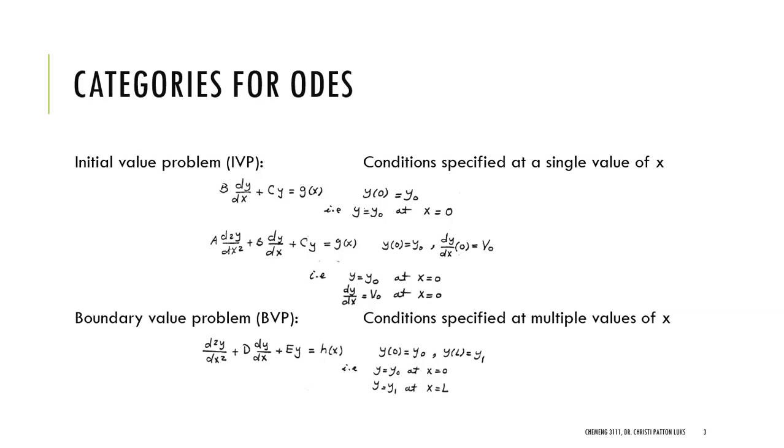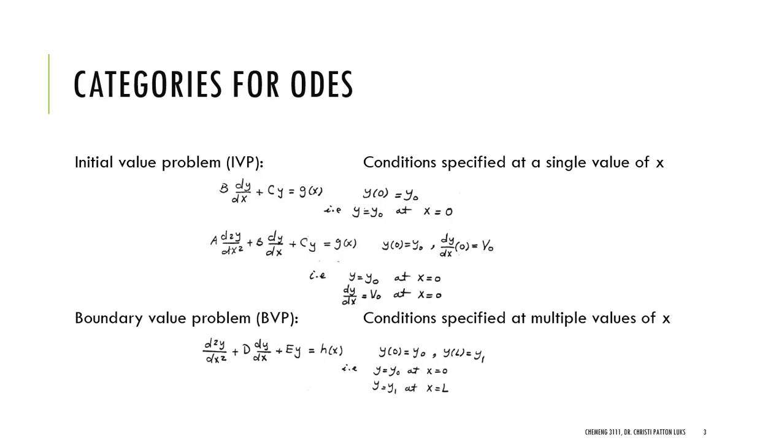For a first order ordinary differential equation, it's always an initial value problem because you're only specifying one value. For a higher order differential equation, if I have second order, I need to specify two conditions, and both of those would be specified at the same value of x for an initial value problem.